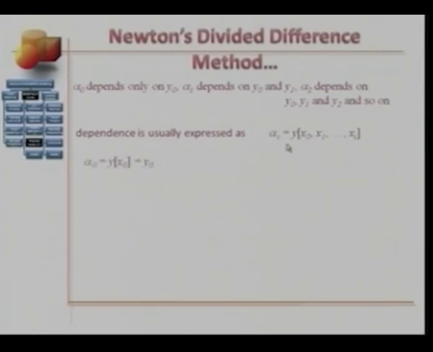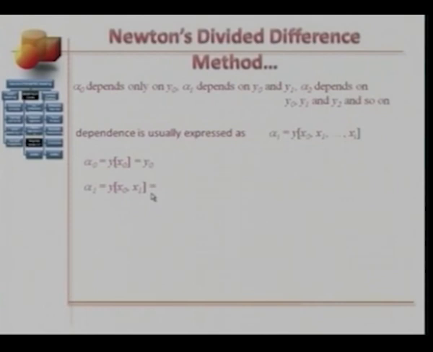So using this notation, we have alpha 0, which is equal to y[x0]. This is equal to y0. Alpha 1 is equal to y[x0, x1].